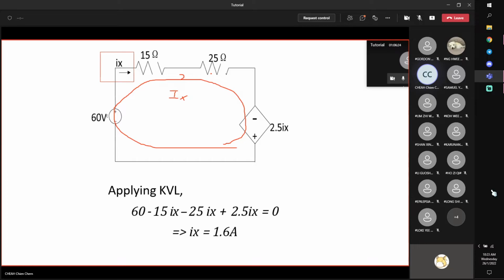Then apply Kirchhoff voltage law around this loop: plus 60, 15 Ix voltage drop across the 15 ohm resistor, voltage drop across the 25 ohm resistor, and coming to here, there's an increase in voltage, negative to positive, plus 2.5 Ix equal to 0. There's only one unknown, therefore you can solve it directly, because there's only one loop. So Ix is equal to 1.6 ampere. Any questions?